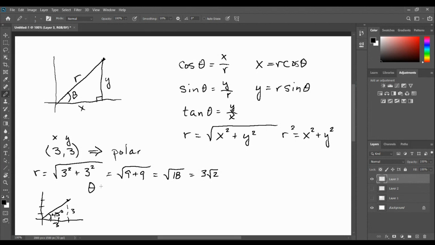So theta equals 45 degrees. Well, now that I know r and I know theta, then converting 3, 3 to polar coordinates, that would just be r, theta. So 3 root 2, 45 degrees. That would be the exact same thing as the point 3, 3. It would be at the exact same spot, just written in a different coordinate system.